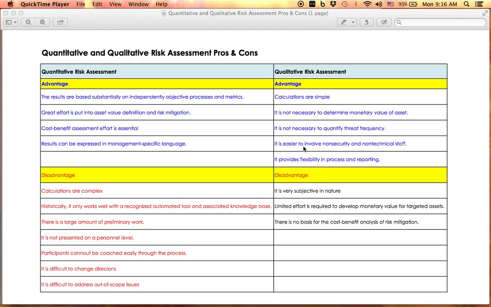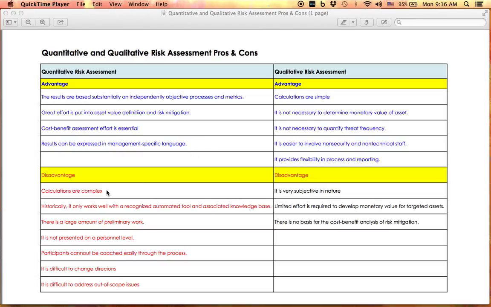It is easier to involve non-security and non-technical staff. It provides flexibility in the process and reporting. So these two perspectives can have different outcomes and expectations.